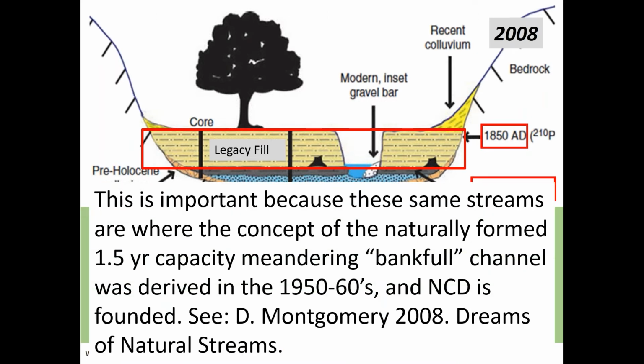So this is important because these are the same streams, the exact same streams, where the concept of the naturally formed 1.5 year capacity meandering bankfull channel was derived in the 1950s and 60s, and natural channel design is founded on that idea. For more information, I refer you to Dave Montgomery's comment on this paper, and he calls it Dreams of Natural Streams. And I'll have that reference at the end.